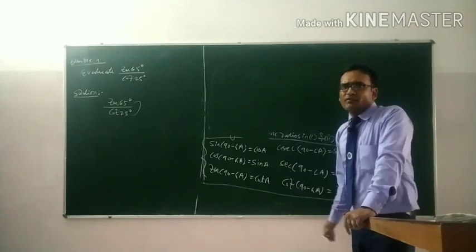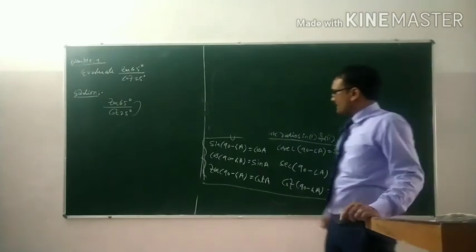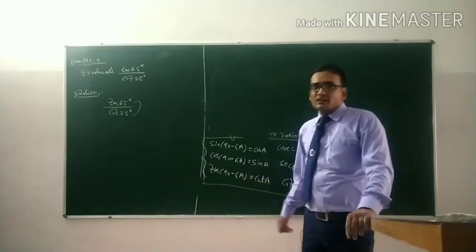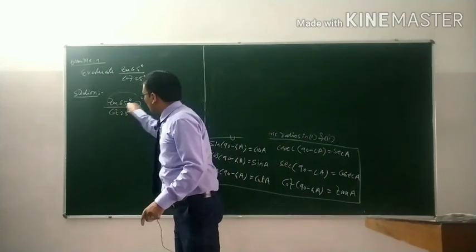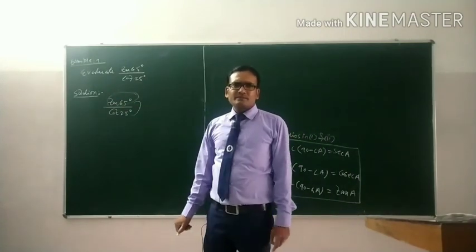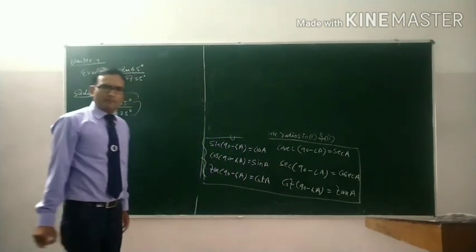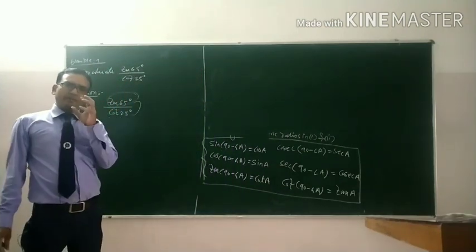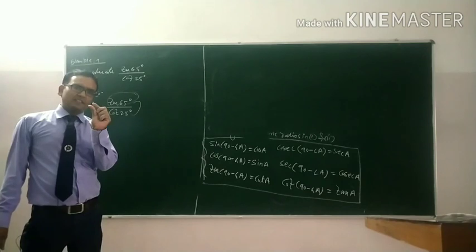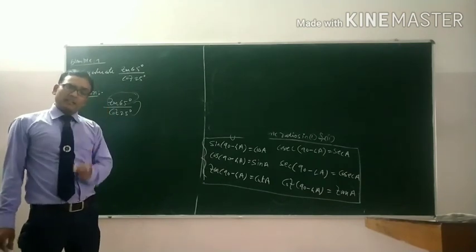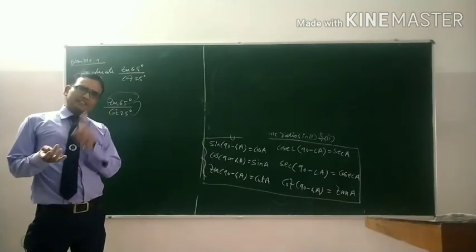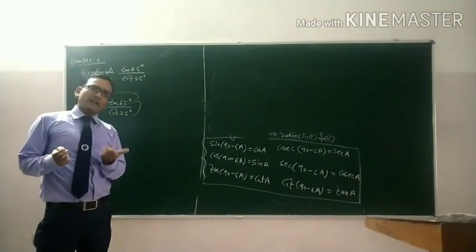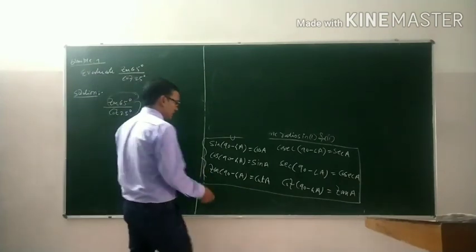Then we use the formula tan 90 minus A equal to cot A, so this is also written as cot 25. Why? Because 65 is 90 minus 25. That means tan 65 changes into cot 25 by using the formula.